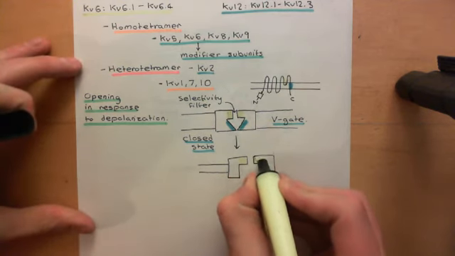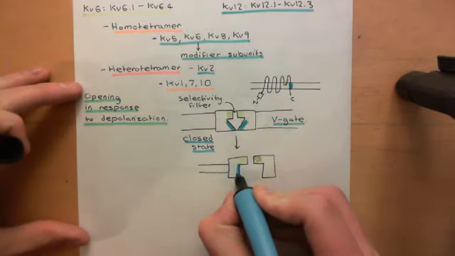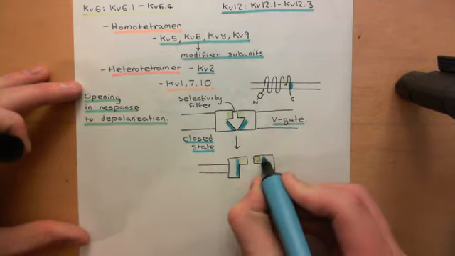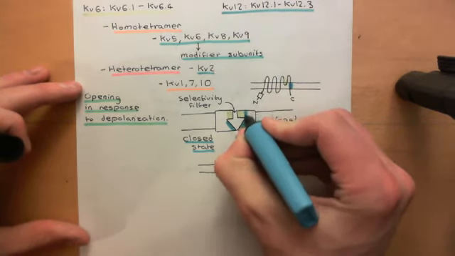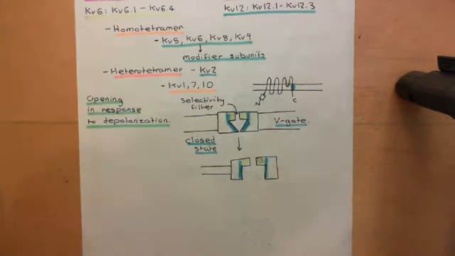Here is the selectivity filter lined by the ascending portion of the p-loop, and here now this is the S6 helix, and we could continue it all up there actually, which I might do, because remember it is sitting behind the ascending portion of the p-loop.